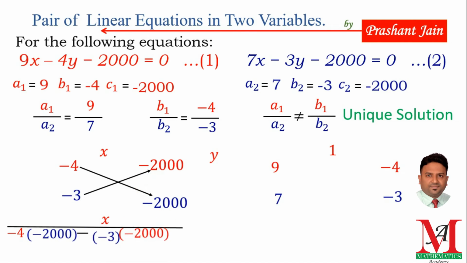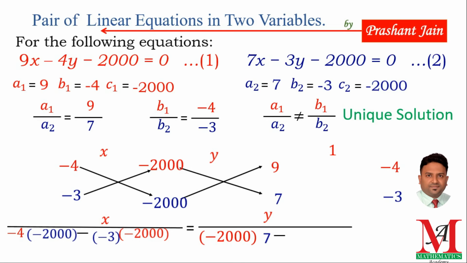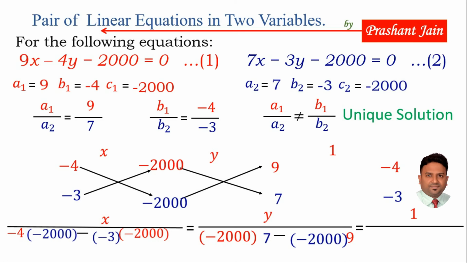For y, the same procedure: write y, put the denominator sign, multiply minus 2000 with 7, then put a minus sign and multiply minus 2000 with 9. Now solve the constant term also, that is 1 upon 9 into minus 3, minus 7 into minus 4.